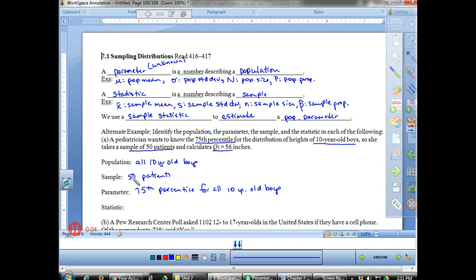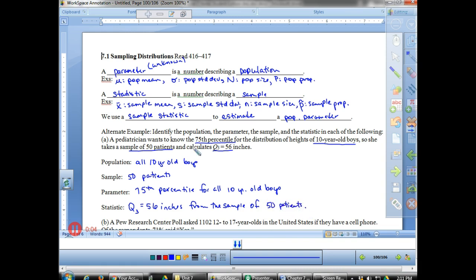And the statistic is Q3, which is equal to 56 inches from the sample of 50 patients.